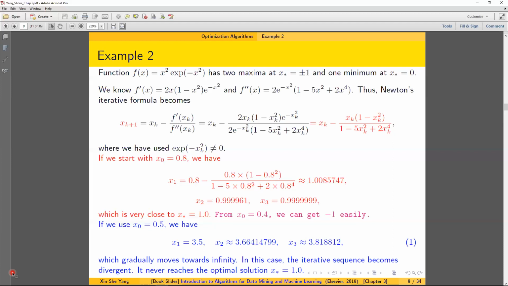So this is just an example of the possible impact of the initial solution. It's a very efficient algorithm. However, sometimes if you don't have a proper initial solution, you could end up with an inefficient process.